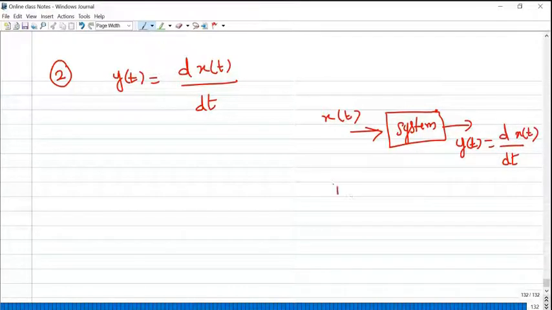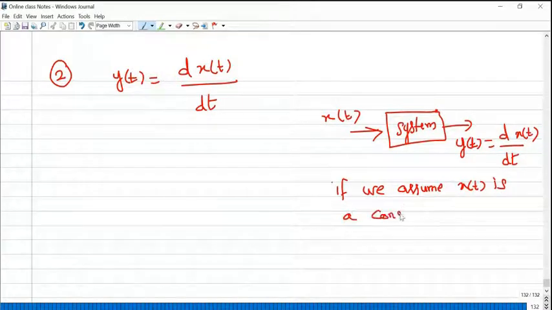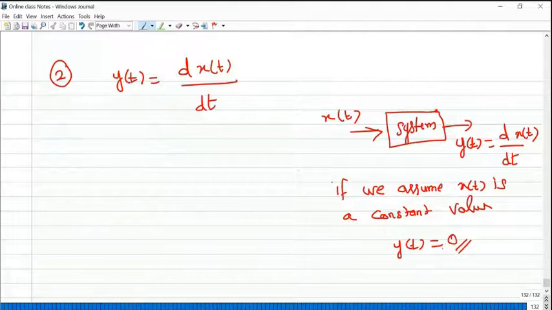So in this example, if we assume x(t) is a constant value, then y(t) would become 0. So from the 0 information, we cannot extract our x(t) by designing any kind of inverse system.